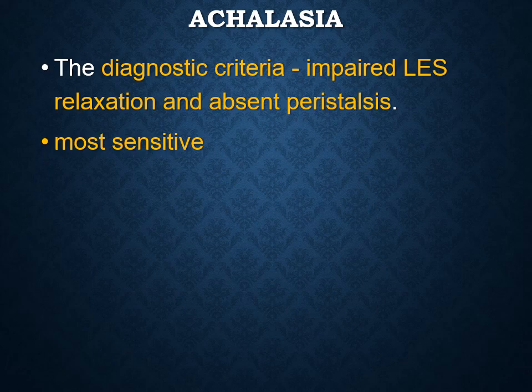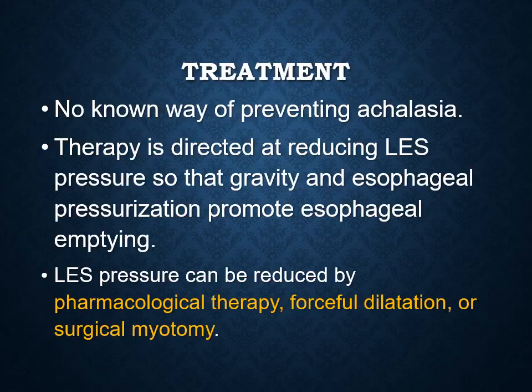The diagnostic criteria for achalasia with esophageal manometry are impaired LES relaxation and absent peristalsis. And this is the most sensitive diagnostic test. In patients with untreated achalasia, they are predisposed to development of esophagitis and eventually squamous cell carcinoma of the esophagus.